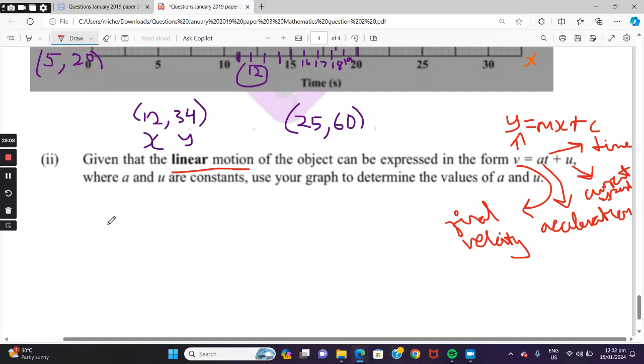M is the gradient. So that means when you're finding A, you are finding the gradient, right? Since they tell you to find A, put it as A is equal to, but it's really the gradient they're finding. So you want to write M is equal to as well as A is equal to, but it's good to follow through what is asked. So the gradient is y2 minus y1 over x2 minus x1.